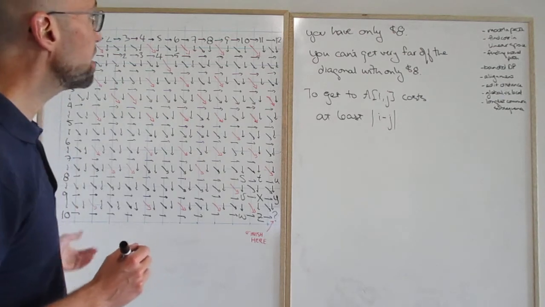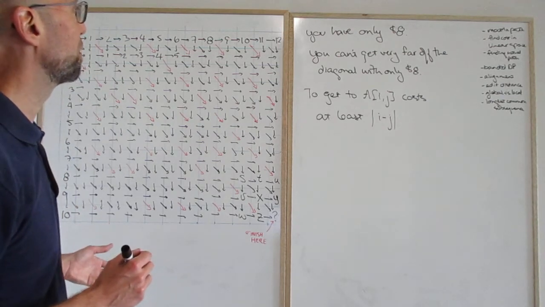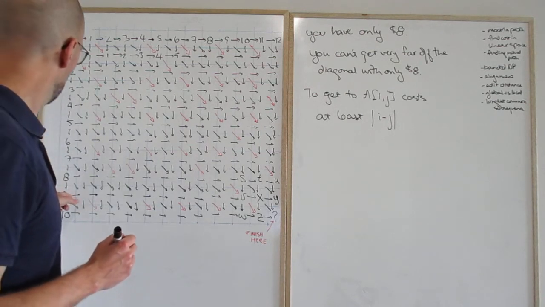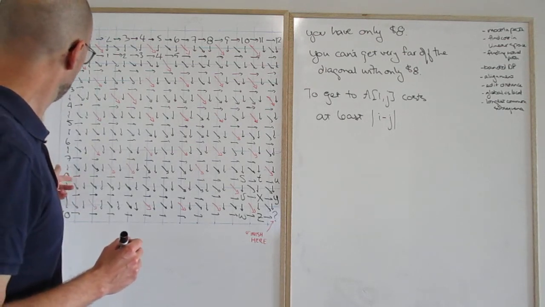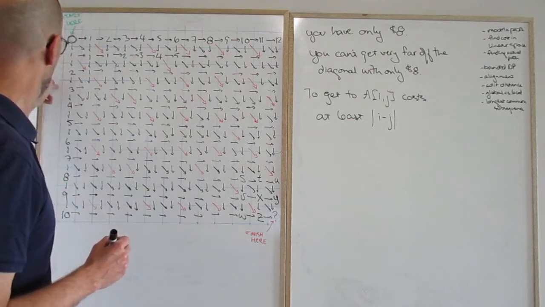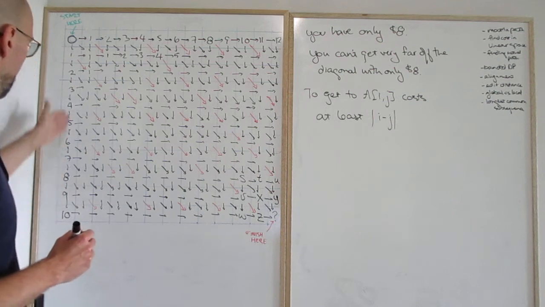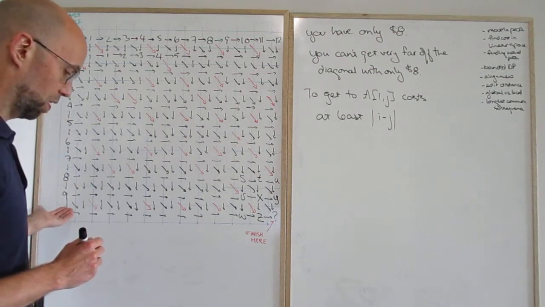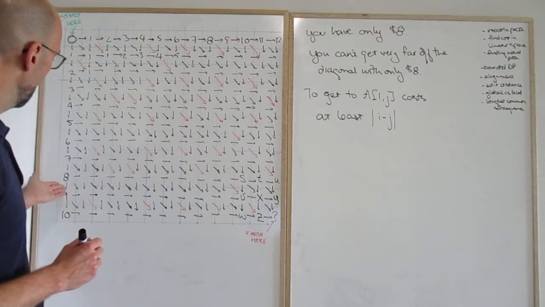Now actually 8 is not going to really do a lot for us here. But if this is 0, 1, 2, 3, these are the costs, but these are also the row numbers.